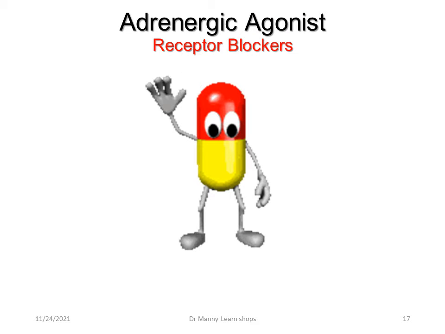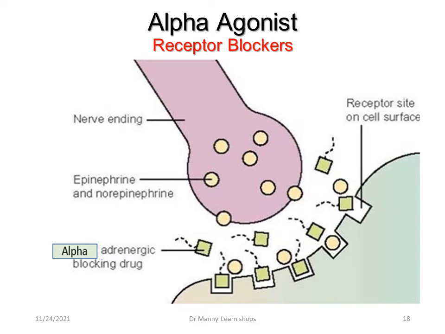Now, the adrenergic agonist receptor blockers are as follows. Remember, an alpha agonist receptor blocker. The purpose is to block the adrenergic drug, which is epinephrine and norepinephrine. So if you look at the diagram, you can see now the alpha adrenergic blocking drug is represented by the cube.